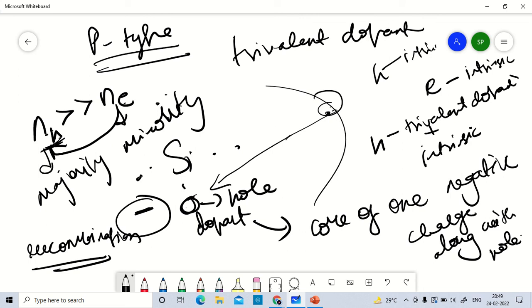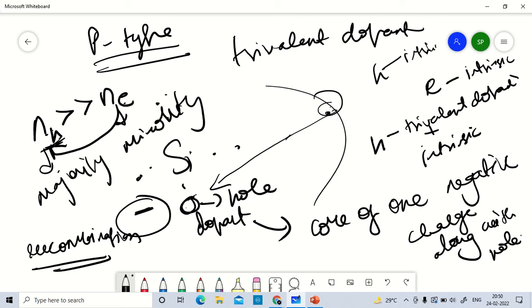In this case the core becomes negative because another electron is coming, but the holes are more, and a hole is a positive charge carrier. So basically it becomes neutral at the end of the day.